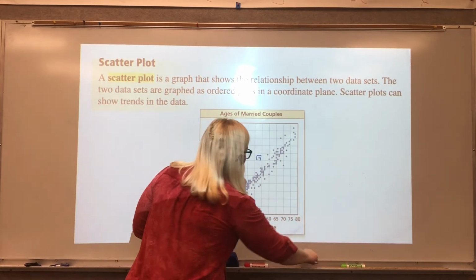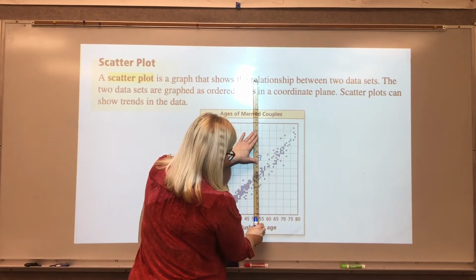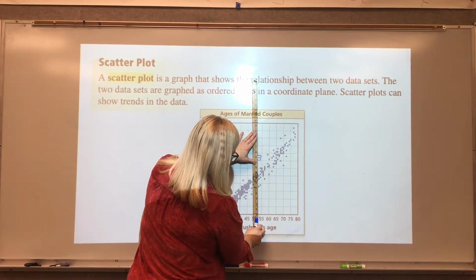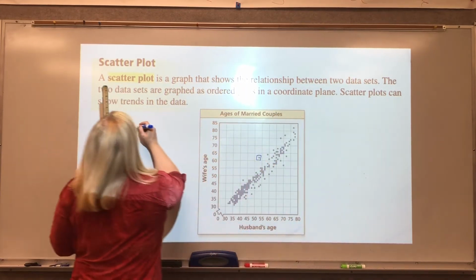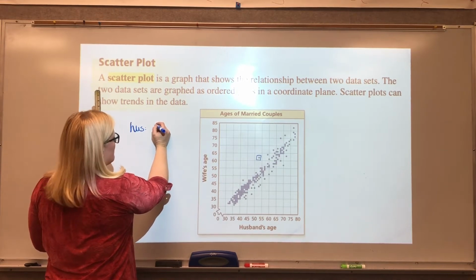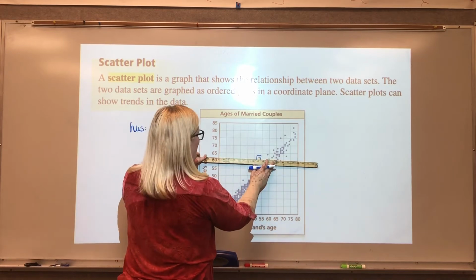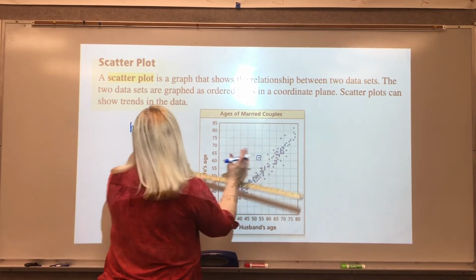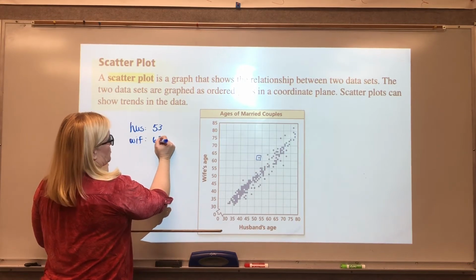If you look really closely, if you even took a ruler, that dot goes right between 50 and 55. So the husband is probably about 53 years old, something like that. And if I come this way and I look, the wife is about 63 years old.